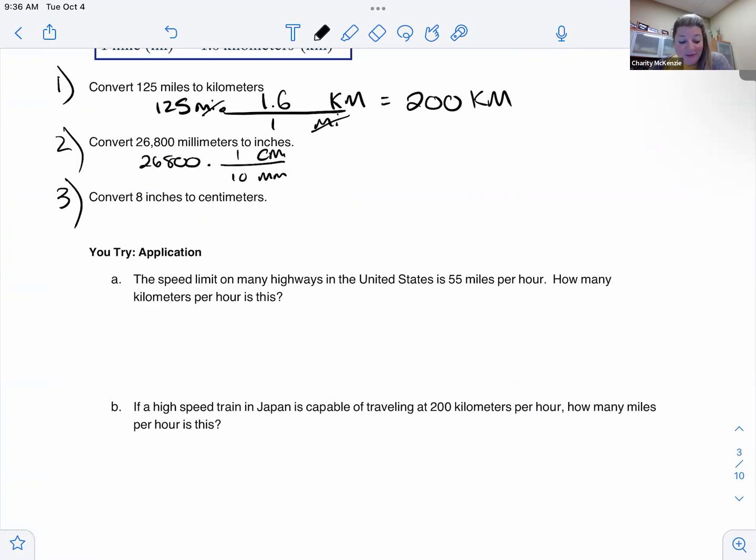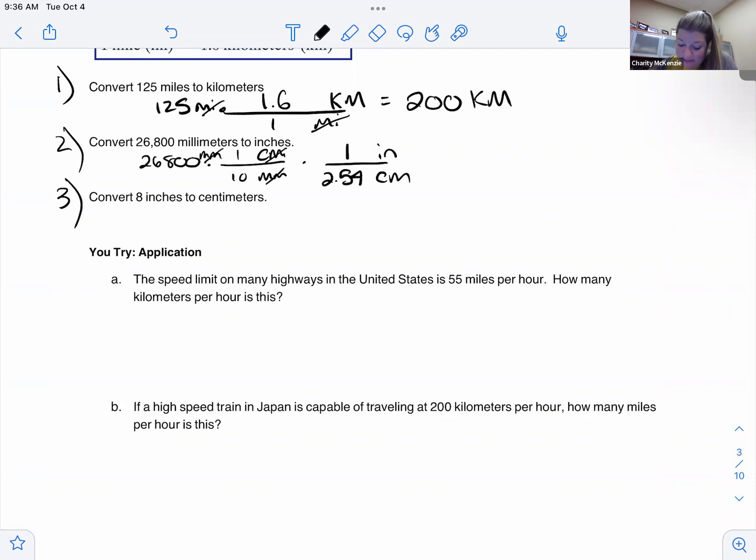All right, we can convert that part, and then we could set up, our goal is going to be inches and centimeters, and we know there's 2.54 centimeters in 1 inch. So we could set it up with all 3 again, like we did on that other problem. Or you could just move the decimal 1 place and then do the second conversion of the inches and the centimeters. Kind of up to you. Excuse me, and this was millimeters here.